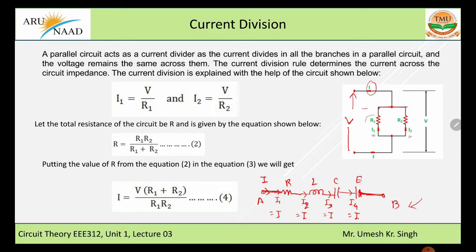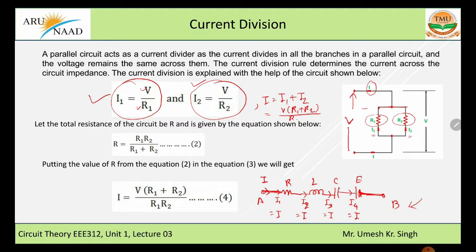So the voltage across R1 and the voltage across R2 will both be the same and equal to V. If we are given the voltage and the resistance, I1 can be calculated as V upon R1, and I2 is equal to V upon R2, and the total current I is the sum of I1 and I2. So we can put in the values and get the answer as V times (R1 plus R2) divided by R1 R2.